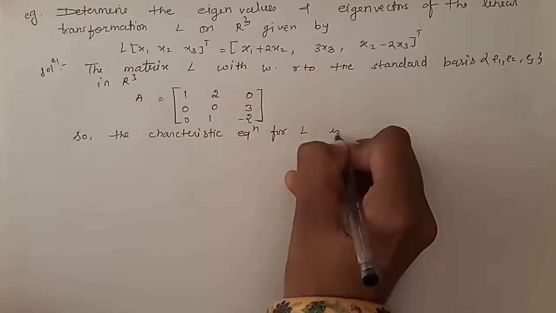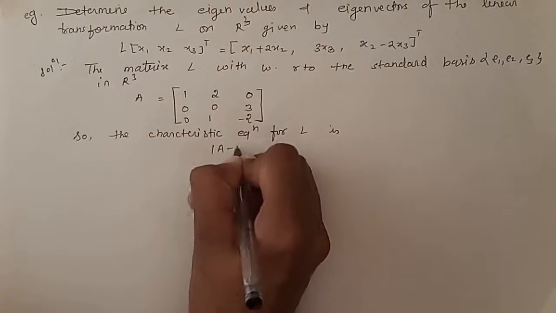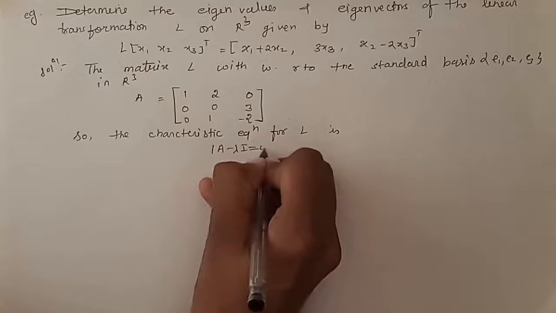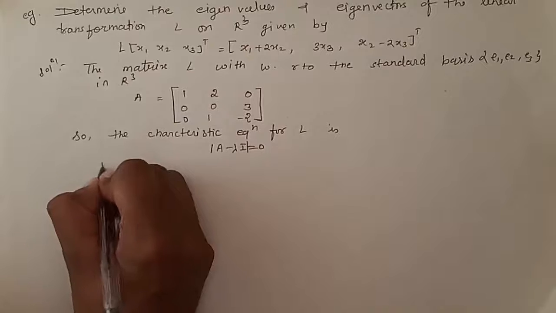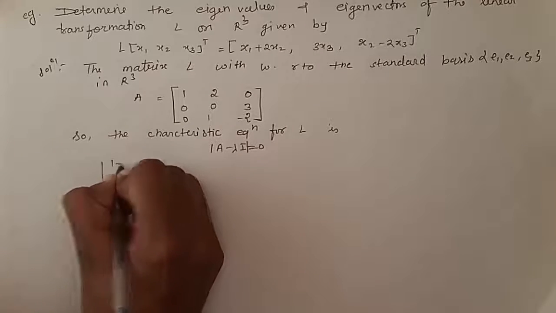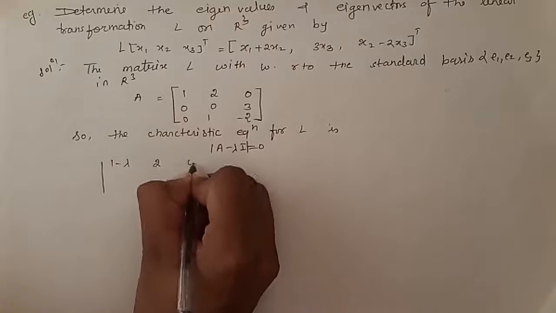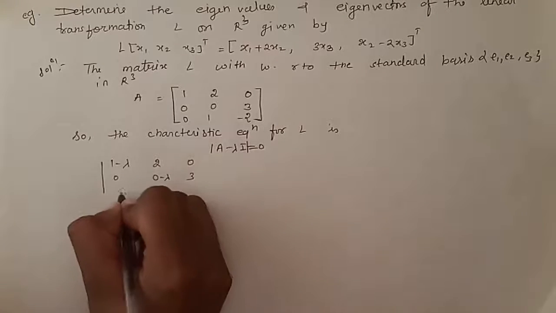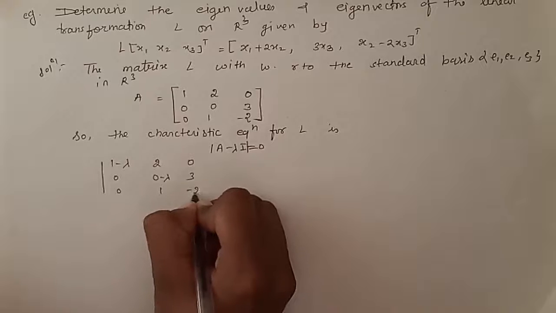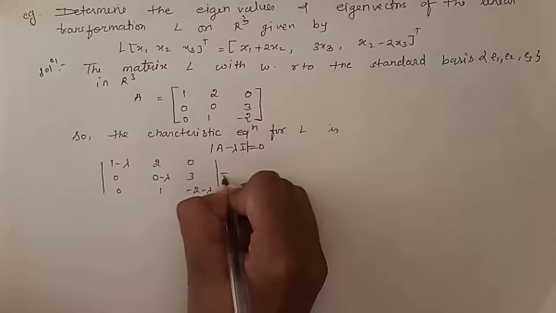The equation for lambda is determinant of A minus lambda I is equal to 0. Now we have to solve this equation. So the determinant of [1 minus lambda, 2, 0; 0, minus lambda, 3; 0, 1, minus 2 minus lambda] is equal to 0.